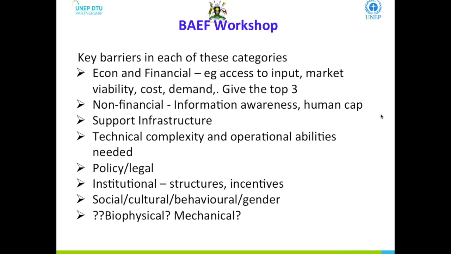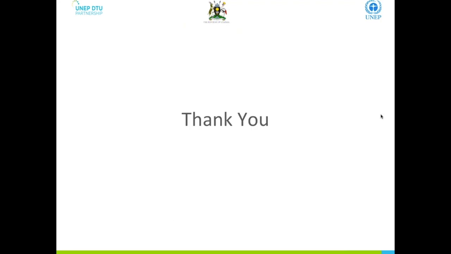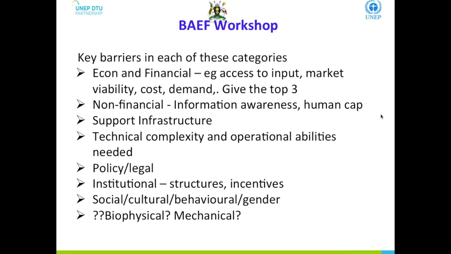Then the cultural setting, as there are technologies that might have implications for the culture in which they are deployed, issues of gender, which of course is very, very important, and the biophysical and mechanical setting of the technology. So these are some of the issues.